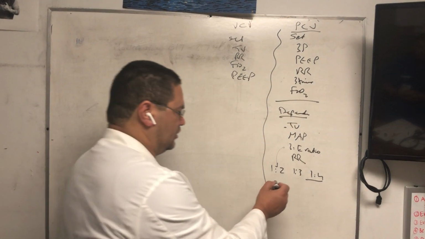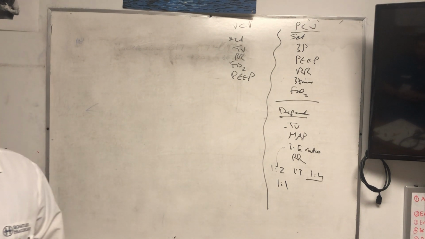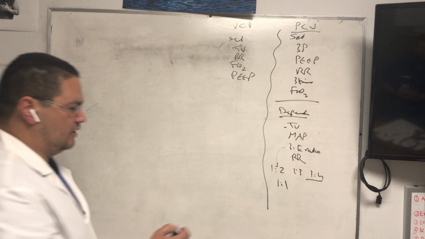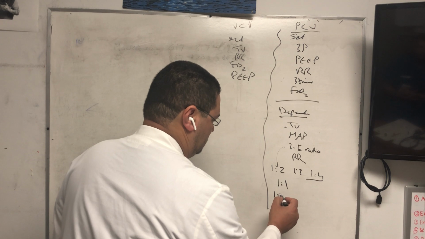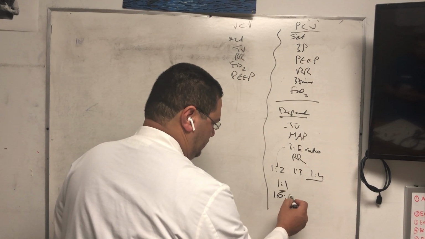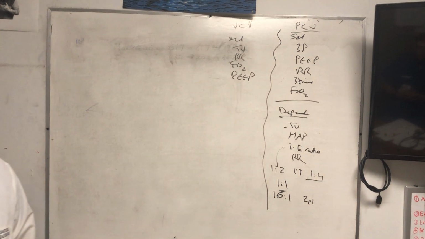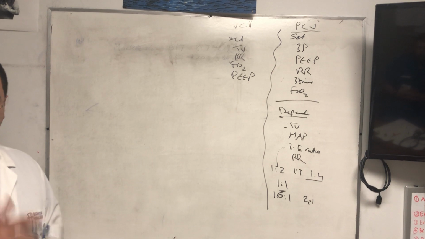If the I to E ratio starts to become 1 to 1, then the patient might require a little bit more sedation, and if the I to E ratio is inversed, 1.5 to 1 or 2 to 1 or anything like that, that requires paralysis. So the I to E ratio is very, very important.